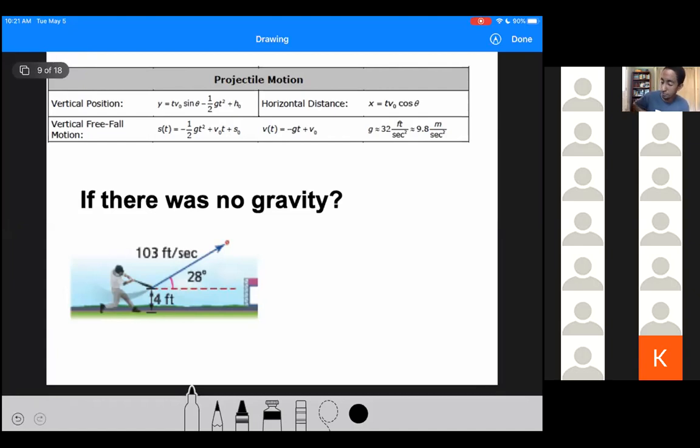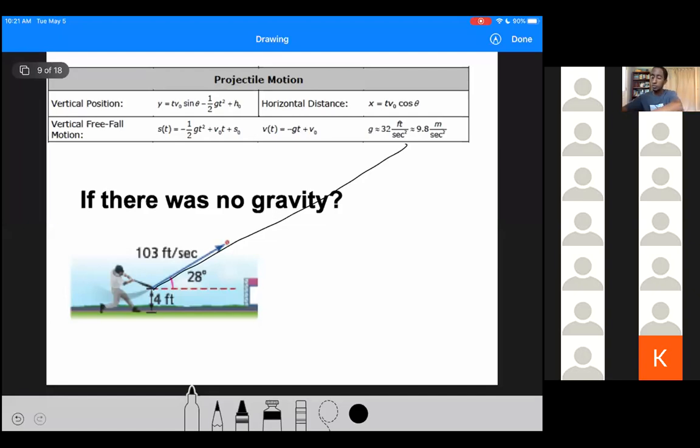Would it keep going up? Yes, it would keep going up. It wouldn't slant at all, wouldn't curve down, right? This would go directly straight forever until it hits something or until it gets to a planet that has gravity or something like that, right? So that's if there was no gravity.